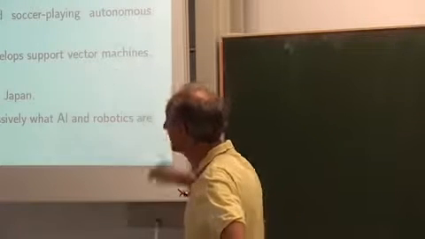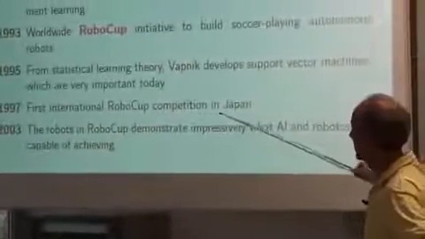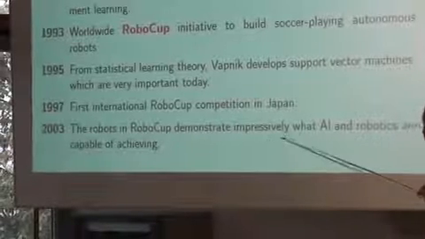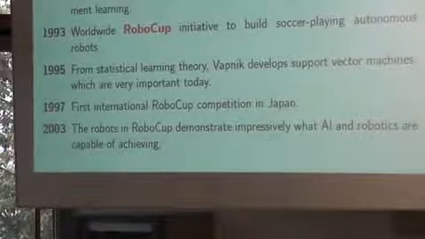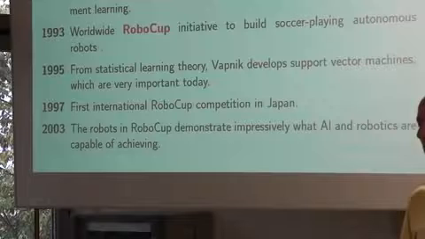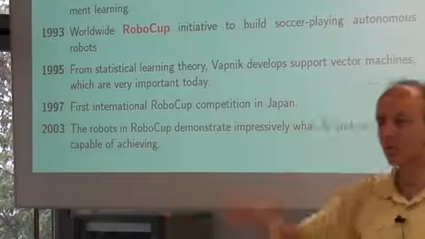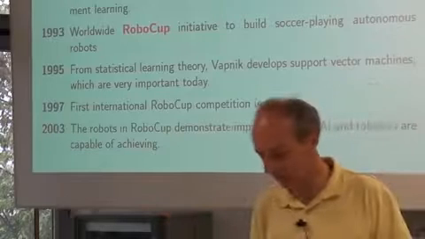Then statistical learning theory developed, a theory of machine learning, support vector machines. First RoboCup competition in 1997. In 2003, that was the first RoboCup event that I attended. It was in Padua in Italy, and it was really impressive how fast these robots were moving around and how they could control the ball and so on.